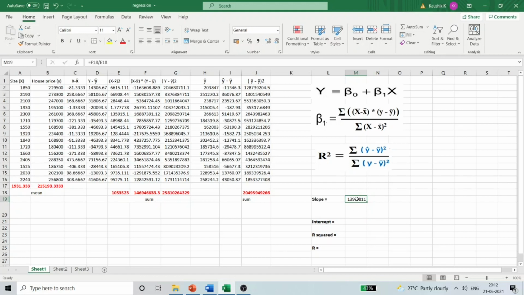Now using the slope I should be able to calculate the intercept also. So beta 1 is what we have calculated. Now I should be able to calculate beta naught, which is the intercept, which is very simple.